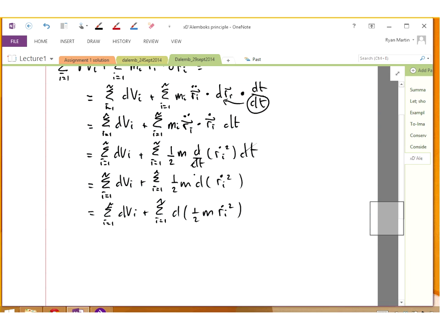And I guess at some point down the line I forgot that the m's also have i indices on them. And so this thing here, of course, is equal to T_i, the kinetic energy of particle i. So this whole thing here is equal to the sum i equals 1 to n of dV_i plus the sum i equals 1 to n of dT_i.